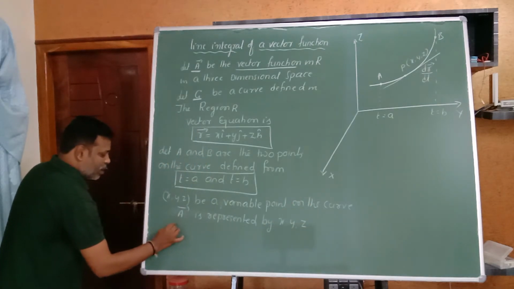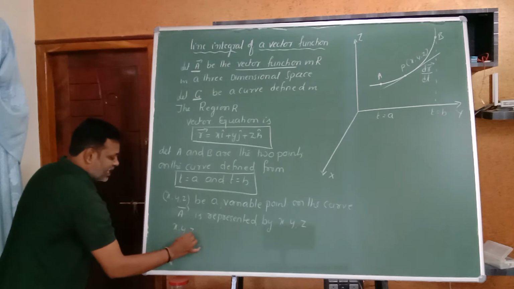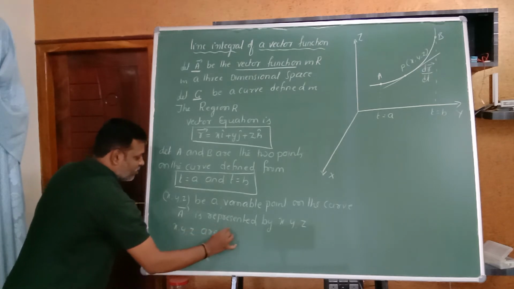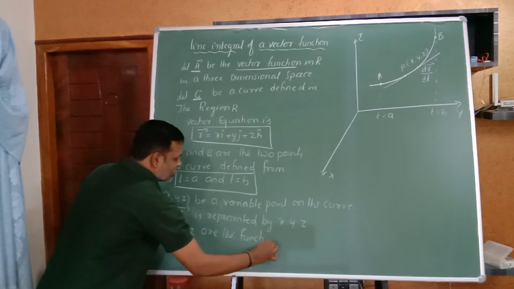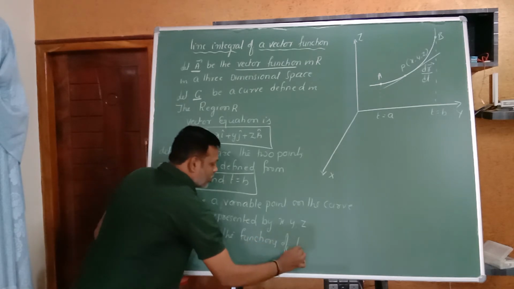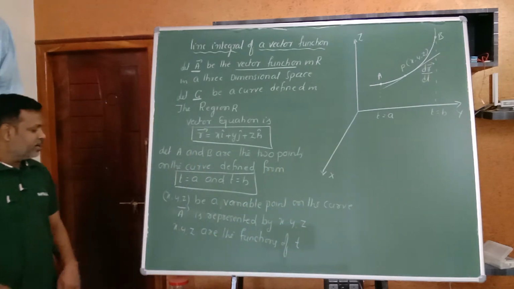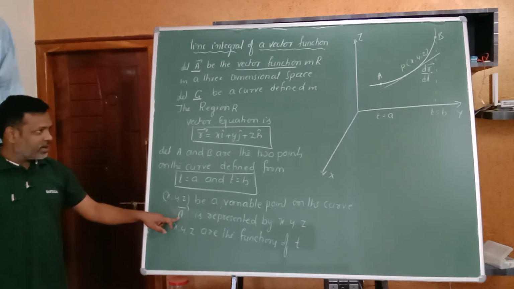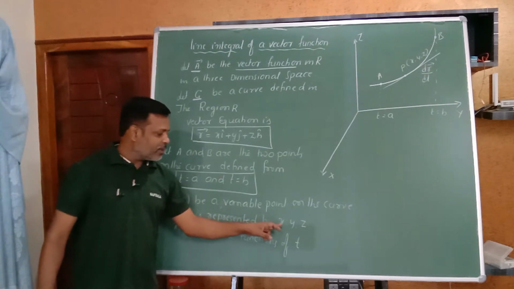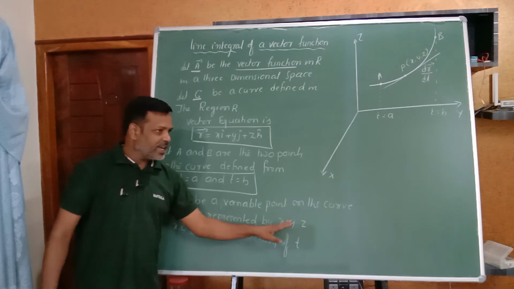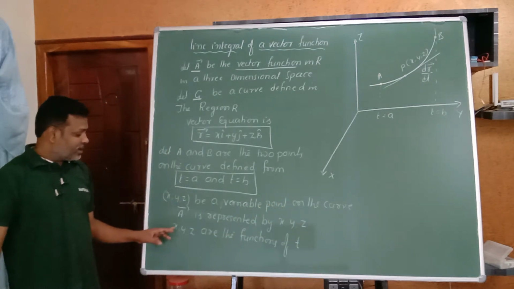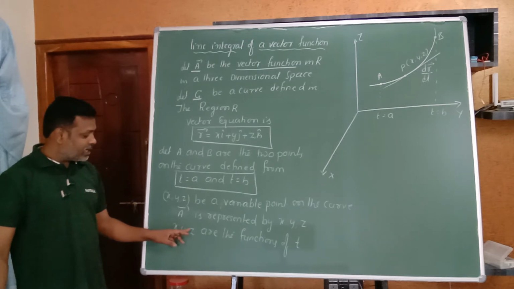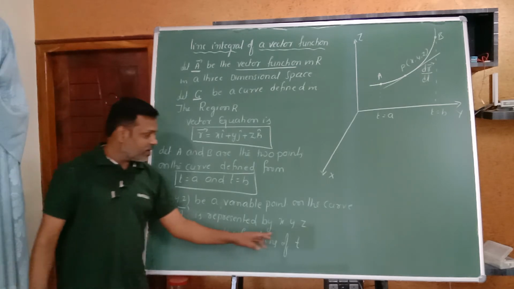And the point x comma y comma z are, this is very, very important, functions of the variable t. Keep in mind, the vector function a vector is given in terms of x, y, z, but strictly the x coordinate, y coordinate and z coordinate are given in terms of t.